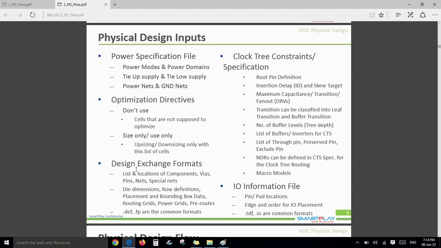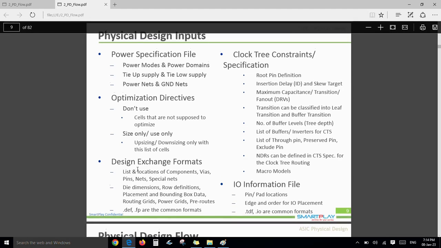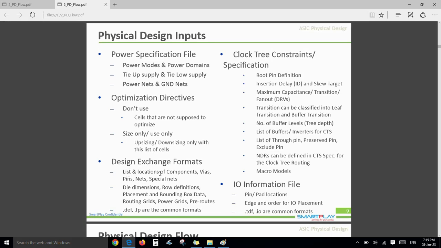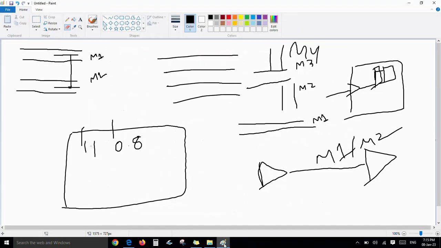DEF file is an optional file. We don't say it is a required file, since this is a Cadence format. We used to have a list of locations of all the components and vias, pins, nets and special nets, like everything, die dimensions, core dimensions. What is the difference between die and core? So consider, one second, this is a die.